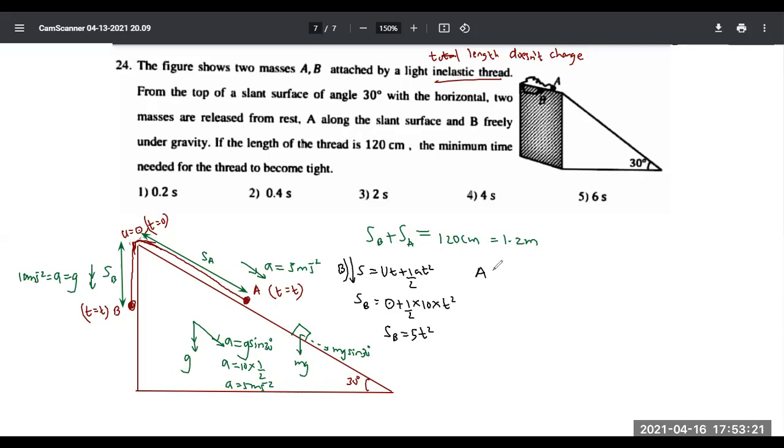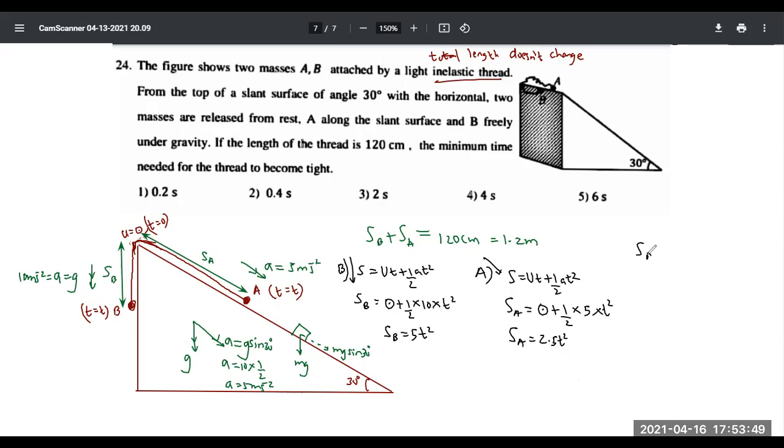For A, I'm going to apply the equation along the inclined plane. s equals ut plus half at squared. Displacement of A is SA. Initial velocity is 0 plus half into, now for acceleration, I should put 5. Why should I put 5? Because the acceleration along the inclined plane is 5, into t squared. So I'm getting SA equals 2.5t squared.